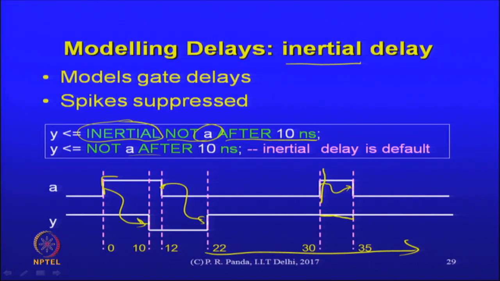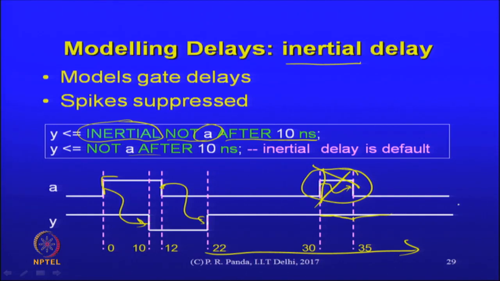So, what should actually happen on the output? It should start rising back to this. This is what would happen in a more detailed simulation if you were to do a transistor simulation, but at this level of abstraction, the way we are capturing this is that the pulse, that spike, would be ignored.